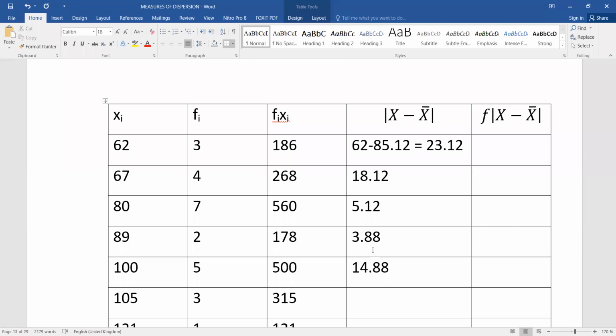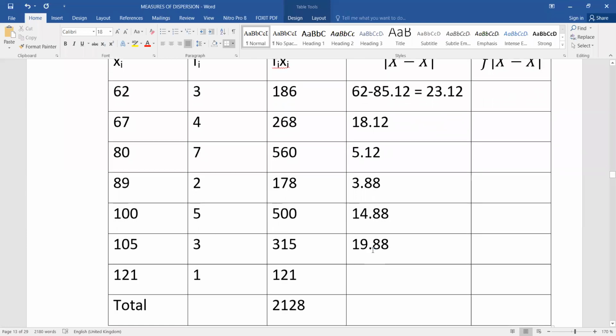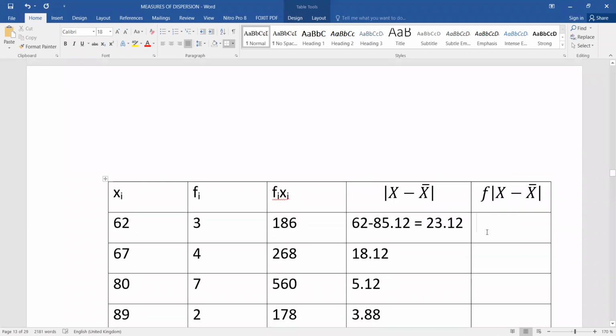Encircle 19.88. Next value. 35.88. So we multiply, Virungi, thank you.